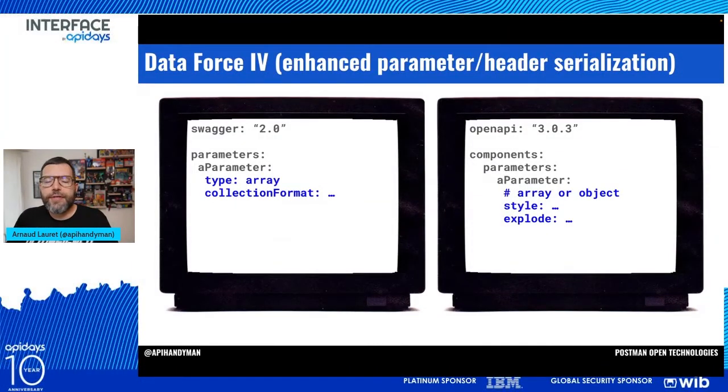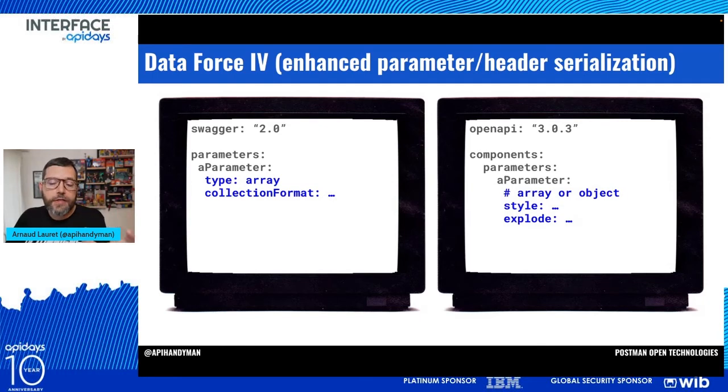Yet another improvement regarding data. You can now have a more complete way of describing complex parameters or headers, especially the serialization. In Swagger 2, you could say, for instance, that a query parameter was an array.